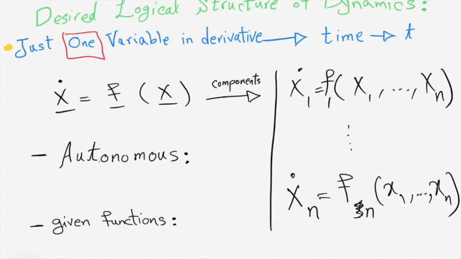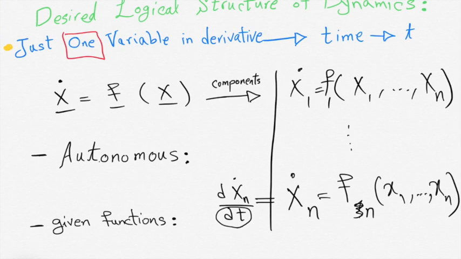For instance, x dot n is equal to dx n over dt, right? But the function doesn't depend on t itself. This is why we call it an autonomous system.